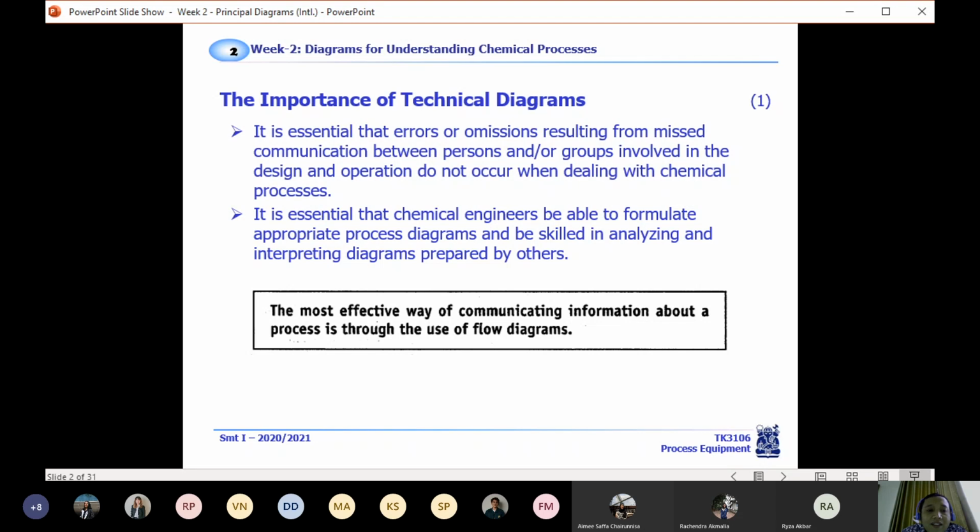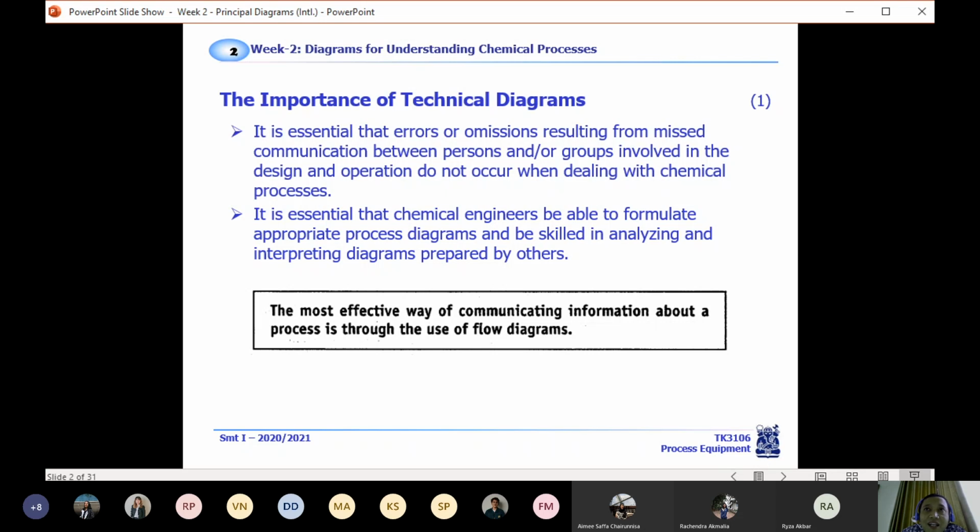Okay, and then the second one, even for the analysis and the formulation of the process, we will make it in the technical diagram. So you have to have the skill to analyze and interpret the diagram.